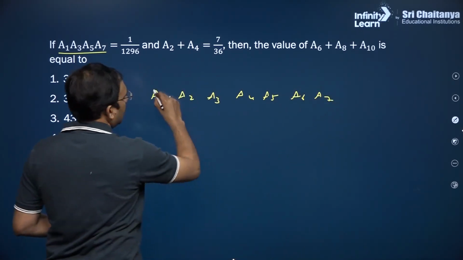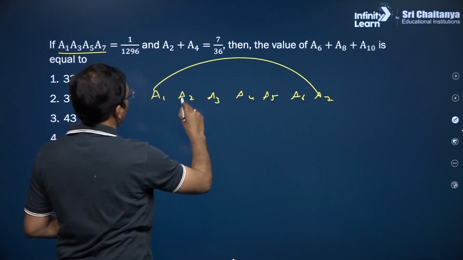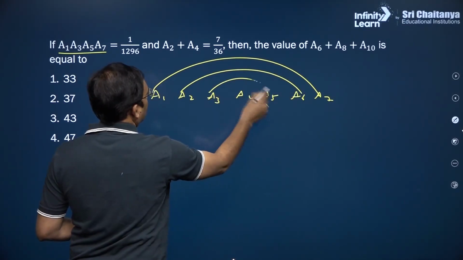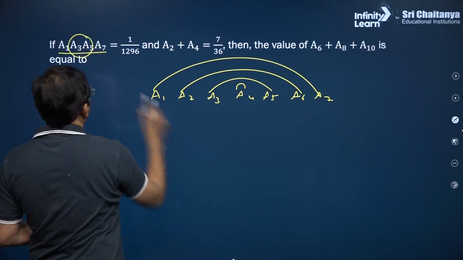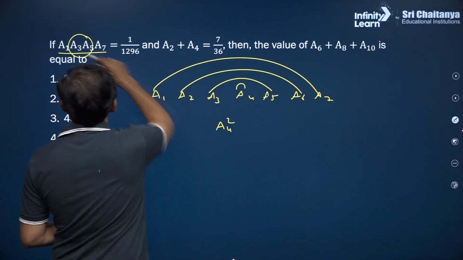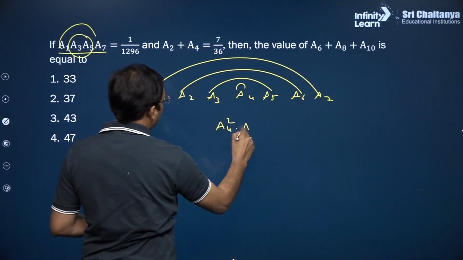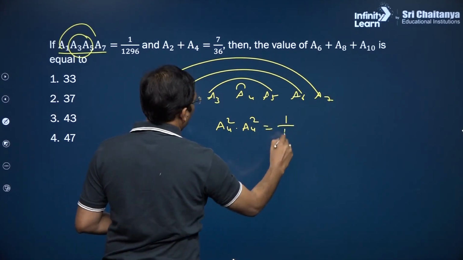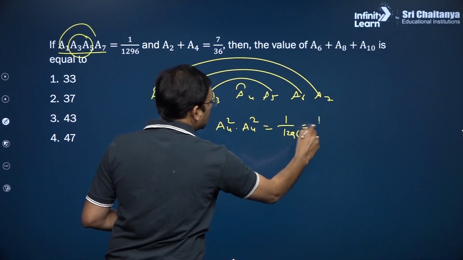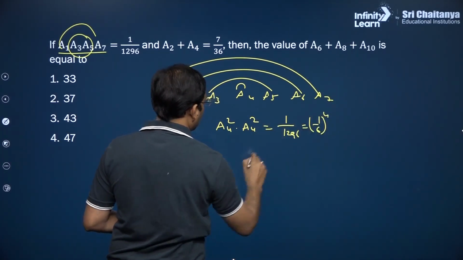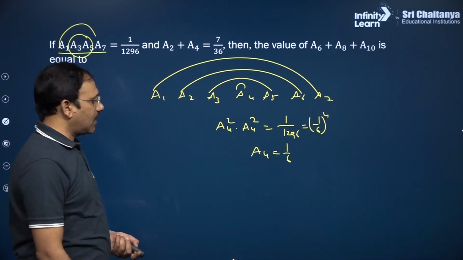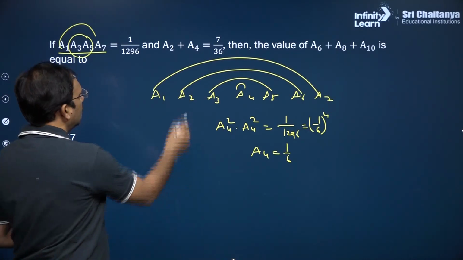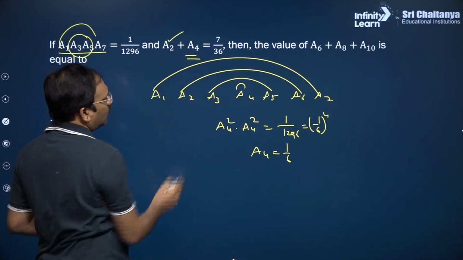A1 into A7 is equal to A2 into A6, equal to A3 into A5, equal to A4 square. So A1 into A7 is A4 square, which is equal to 1/1296, which is 1/6 whole power 4. Positive terms are also mentioned; he did not write it here in the data, but it is there. A4 is 1/6.